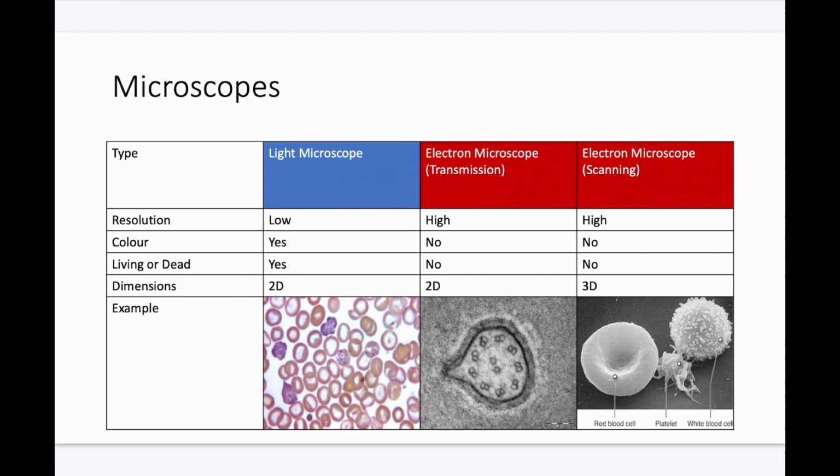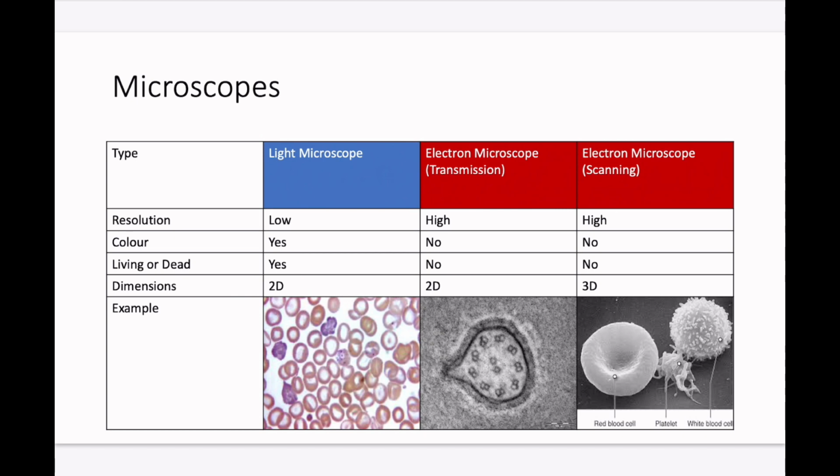As you can see, the resolution of the light microscope is lower than that of the electron microscopes because light has a longer wavelength and electrons have a shorter wavelength, and shorter wavelengths are better in terms of having high resolutions. Because we see color through light over here, we can see color in light microscopes, but we cannot see color in electron microscopes, both transmission and scanning.